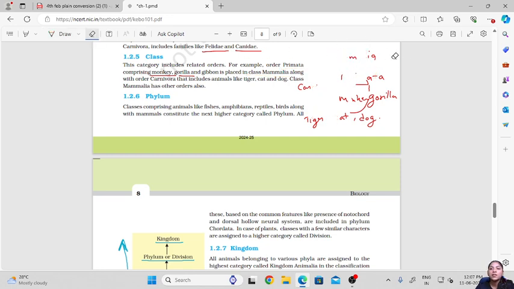Then the next category after class is phylum. Okay, so classes comprising animals like fishes, amphibians, reptiles, birds along with mammals constitute the higher category called the phylum.